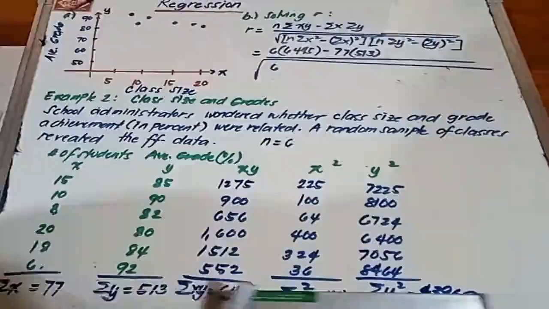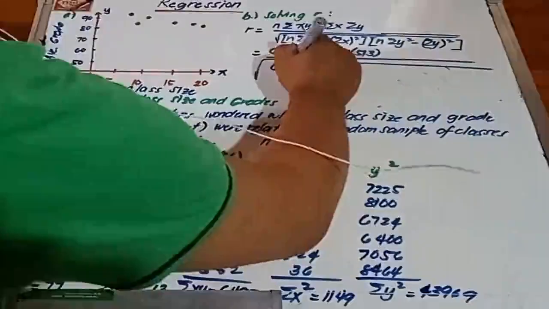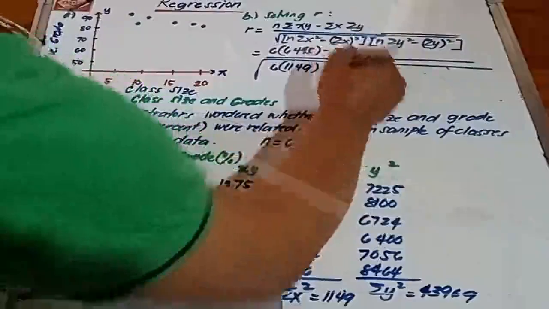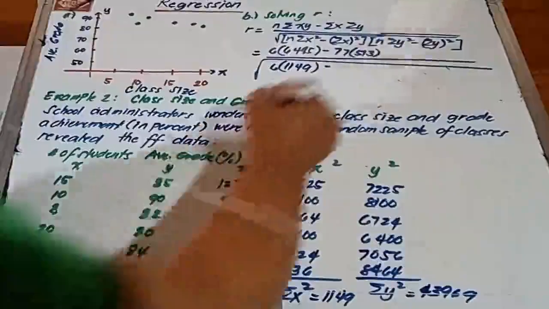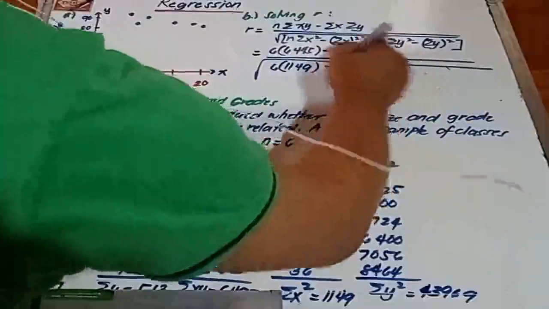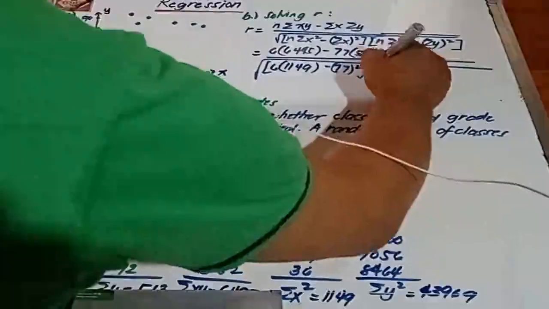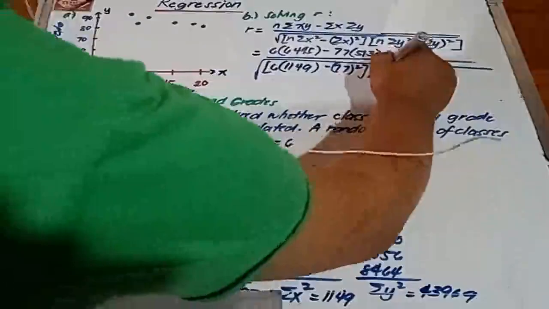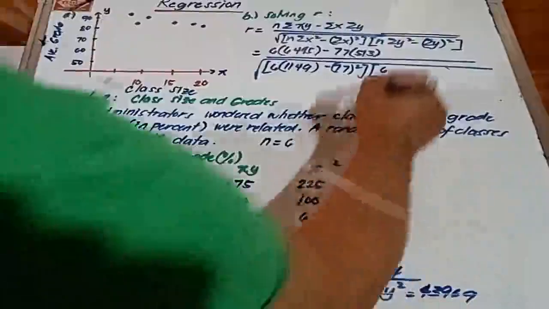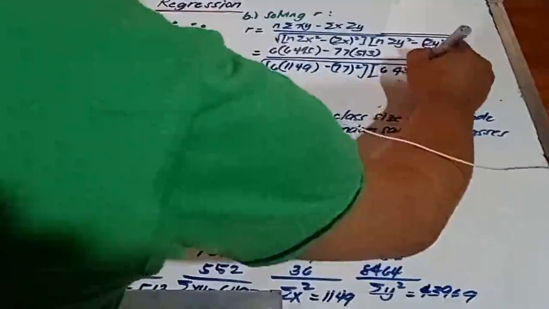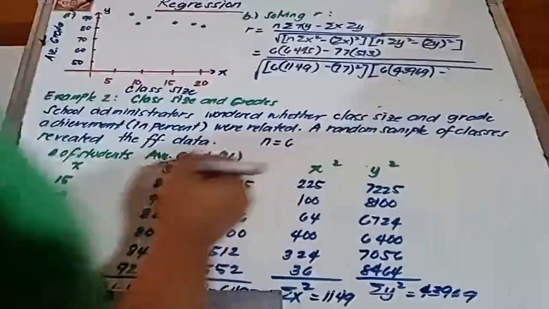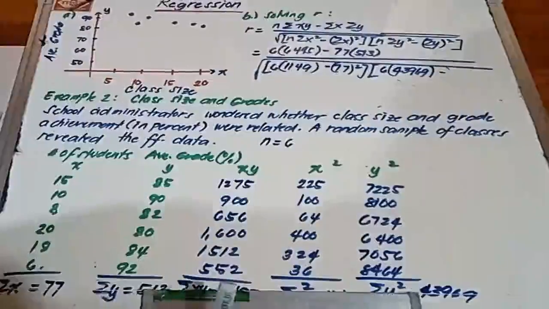Summation of x squared is 1149, minus summation x is 77 squared. Then n is 6. Summation of y squared is 43969 minus summation of y, we have 513 squared.